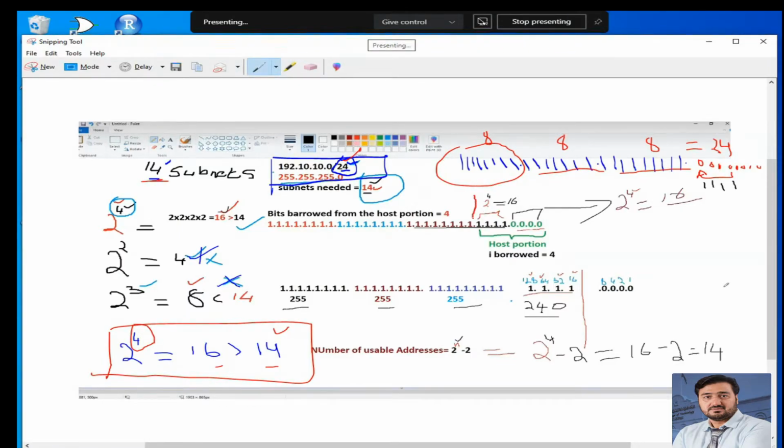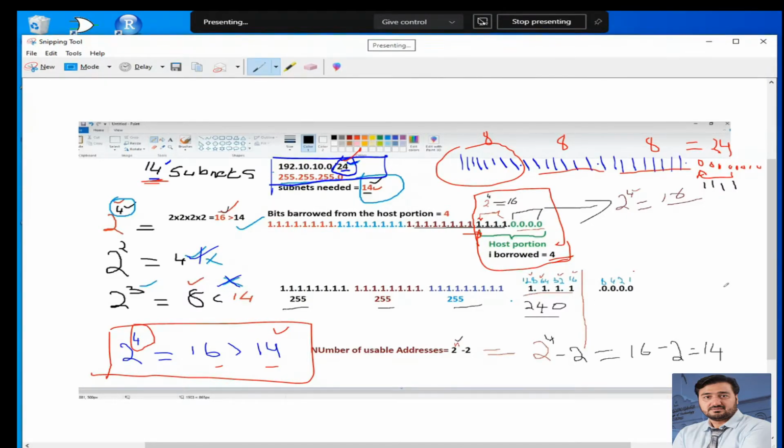How many bits do we need to borrow? 4 bits. So from this position we borrow bits 1, 2, 3, and 4. Once we borrow these 4 bits, what is the position?